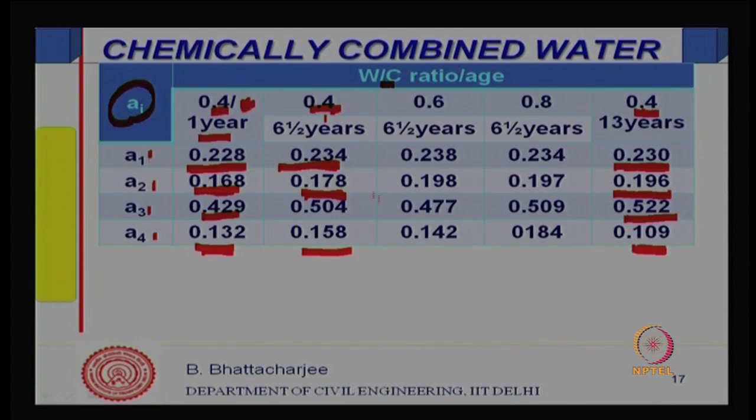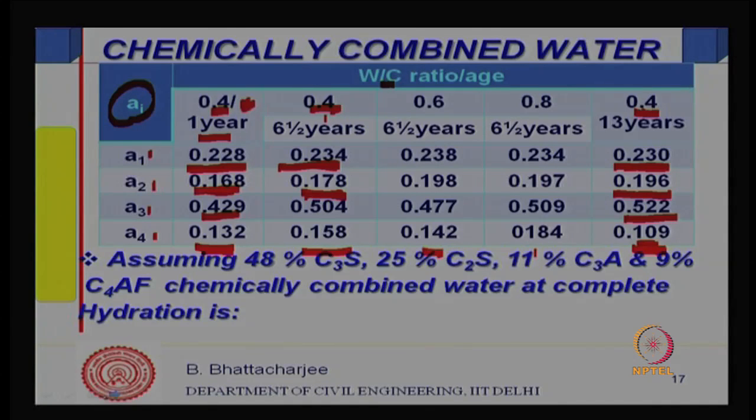But if the water cement ratio changed to 0.6 and 0.8 in 6.5 years, the variation was something like this. I think there may be some mistake in this figure, whatever it is. What we see is that different quantities of water are required by different compounds of cement for their complete hydration, because 13 years one can assume to be a full hydration.